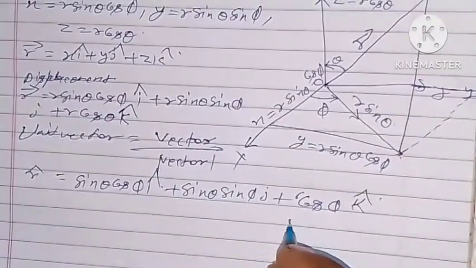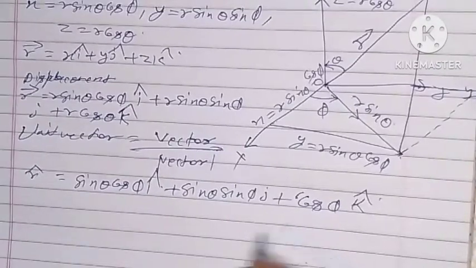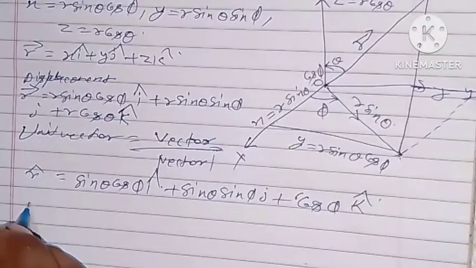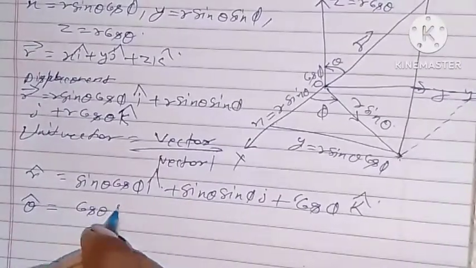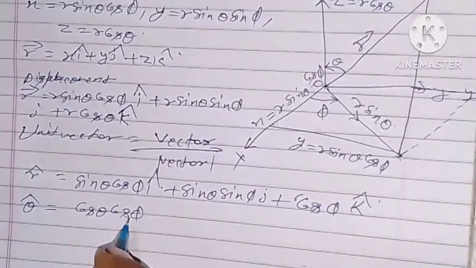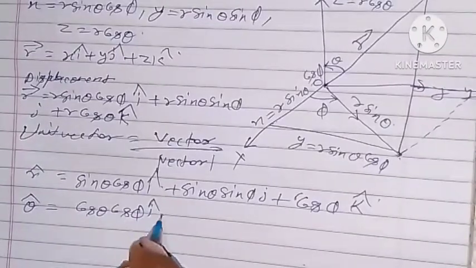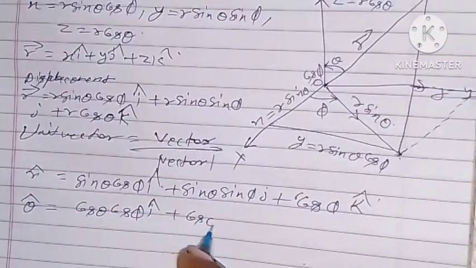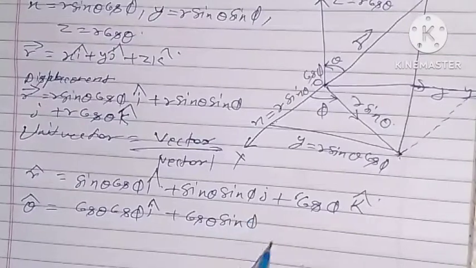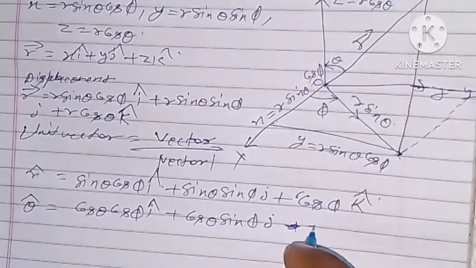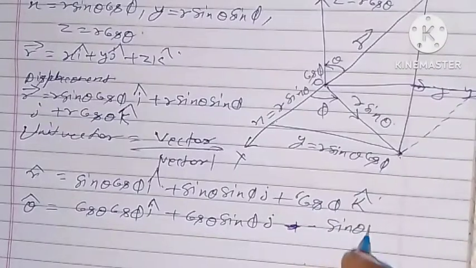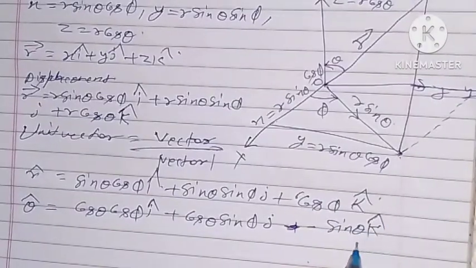Then unit vector theta-hat equals cos theta cos phi i plus cos theta sin phi j minus sin theta unit vector k.